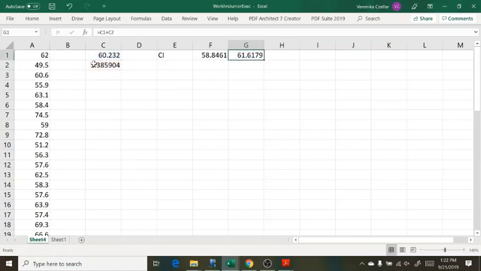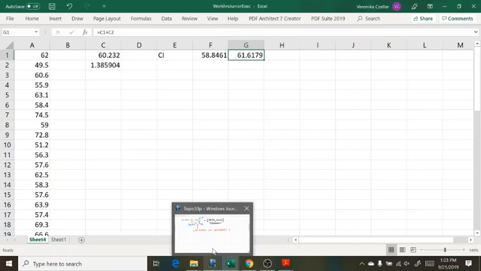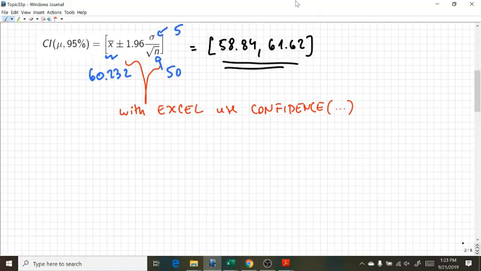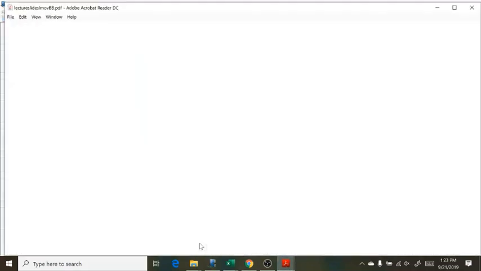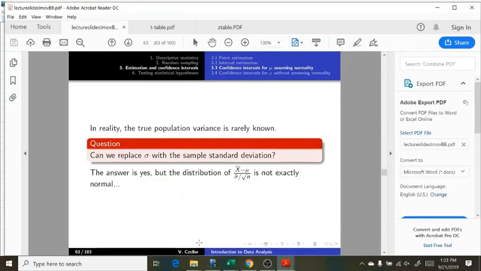Here you go. So I got basically the same results as with my handwritten calculation, right? And Excel provides a more accurate result. We have more decimals.